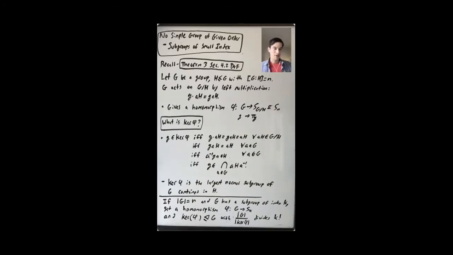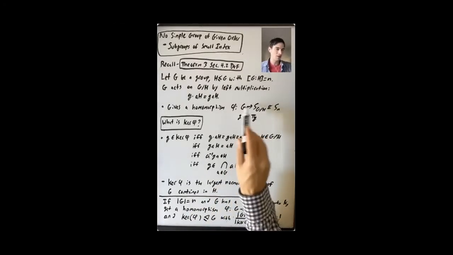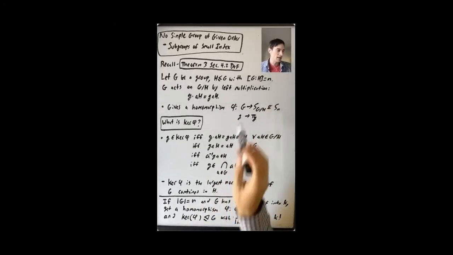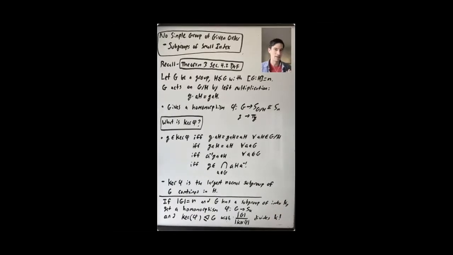All right, well, we want to understand simple groups, the ones that have no proper non-trivial normal subgroups. But now this kind of looks like a problem potentially because we have a homomorphism from G to somewhere. And the kernel of a homomorphism is a normal subgroup of G.